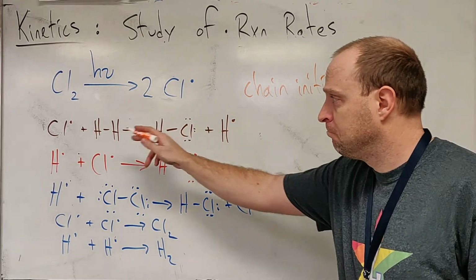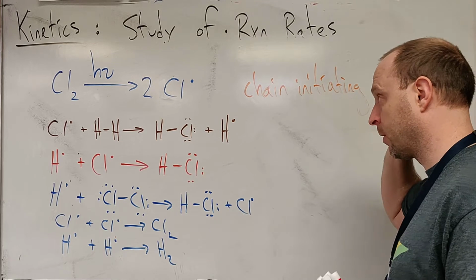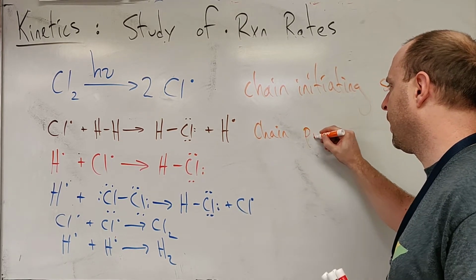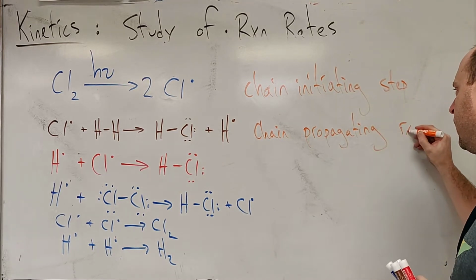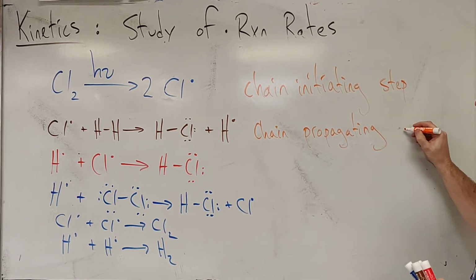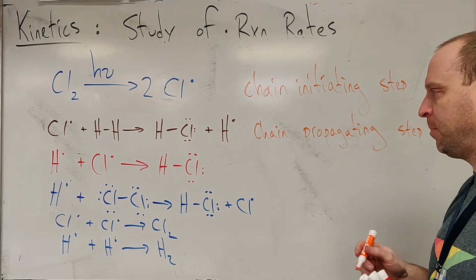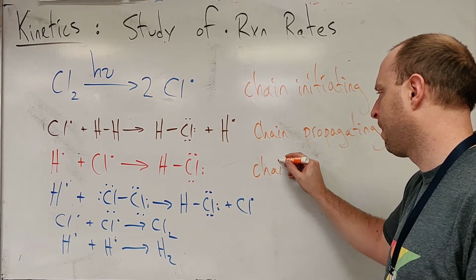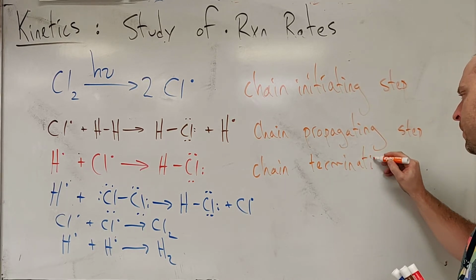So this reaction, when it happens, produces something that would allow the reaction to keep going, right? To propagate. So this is a chain propagating step. And each of these we would call an elementary step in this mechanism. This one here ends things, so it would be a chain terminating step, right?